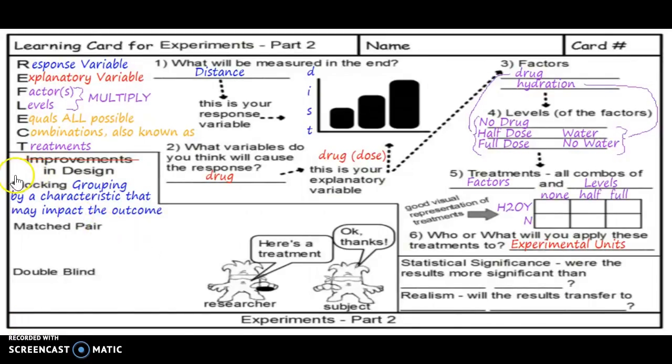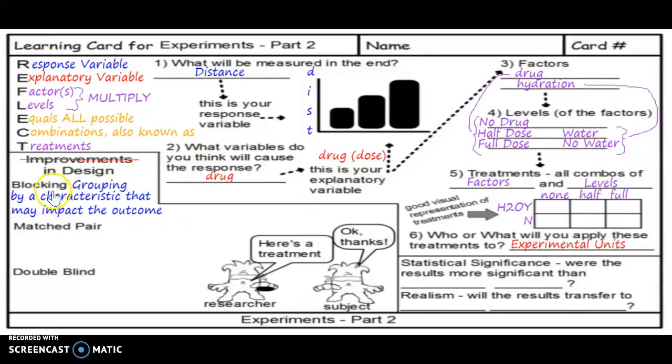Let's start off by talking a little bit about blocking. Blocking is when you group your test subjects or your experimental units by a characteristic that may impact the outcome. So one example of grouping or blocking is to group your test subjects by gender, or maybe by race, or maybe by whether or not they have allergies or by age.